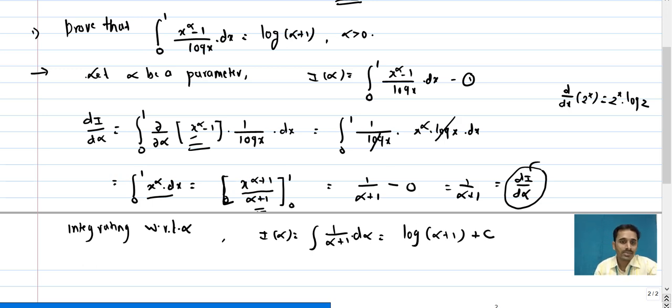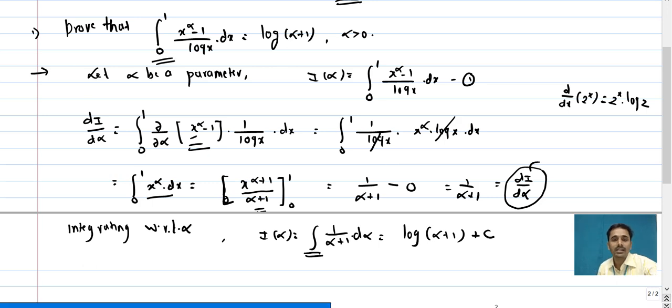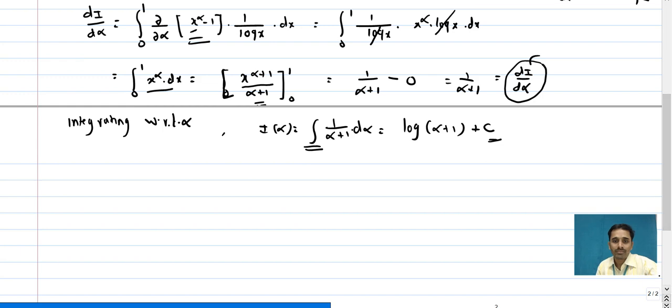See, the first integral was a definite integral and this integral is now indefinite, that is, limits are not given, that's why this integral constant is there. Therefore we have I of alpha as log of alpha plus 1 plus c.